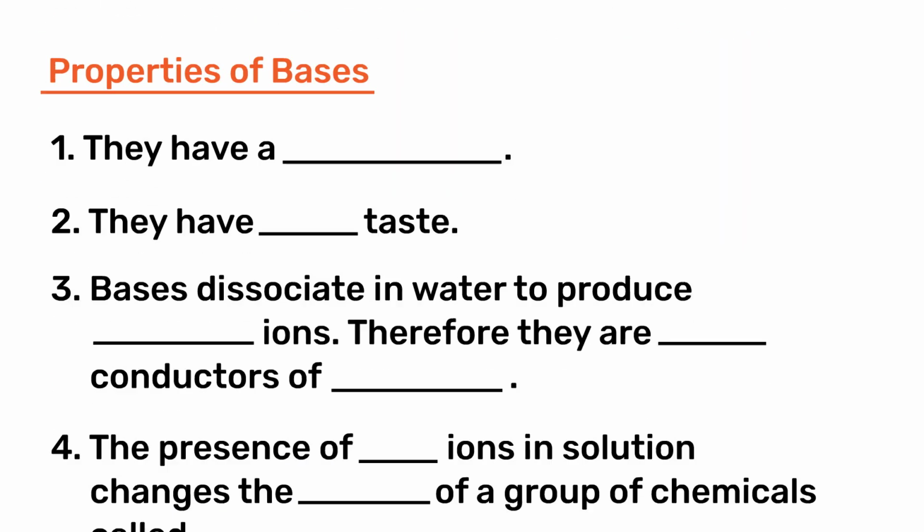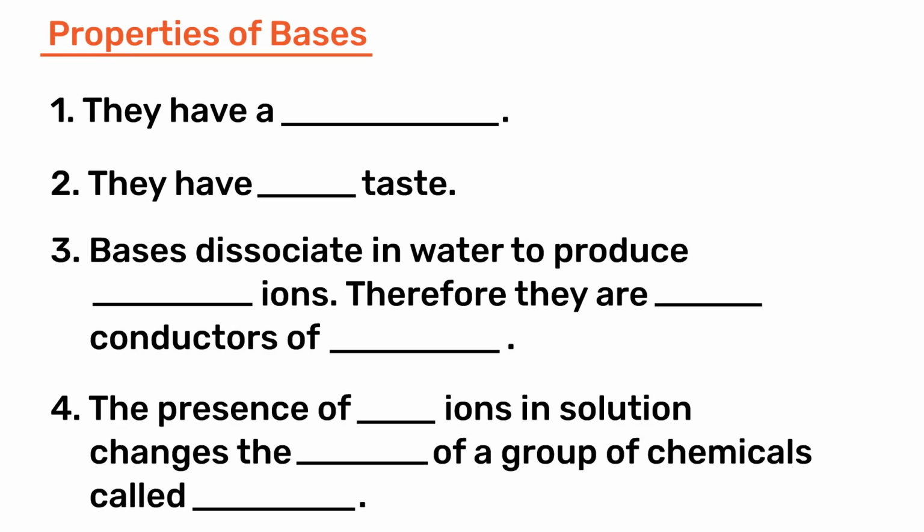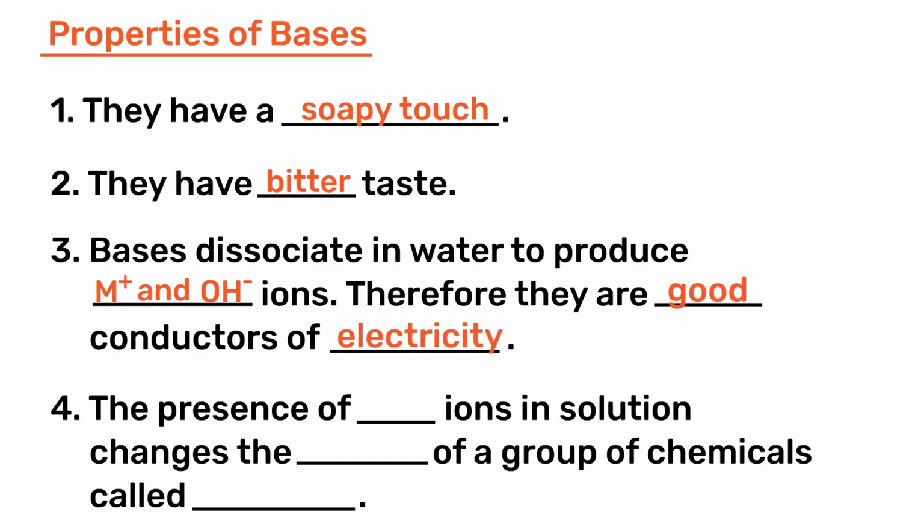The general property of bases is that they have a soapy touch. They are bitter in taste. Bases dissociate in water to produce metal ions and hydroxide ions, and therefore they are also good conductors of electricity. The presence of hydroxide ions in solution also changes the color of indicators.